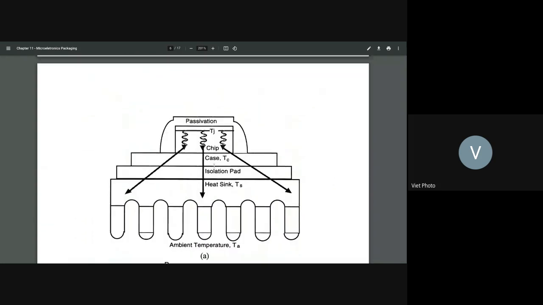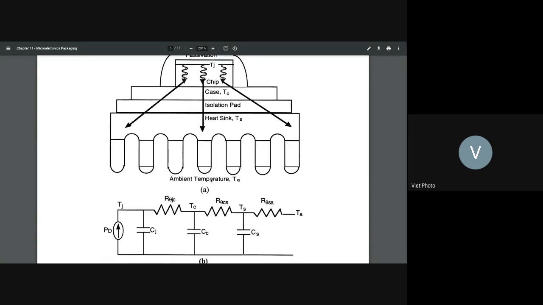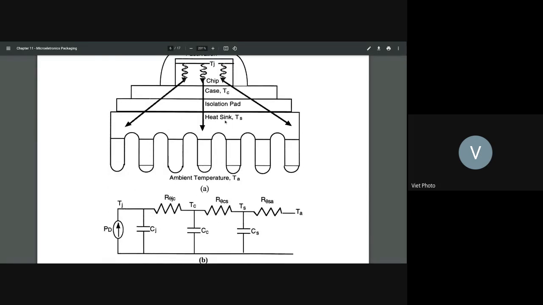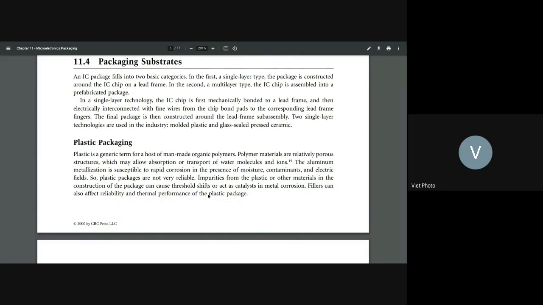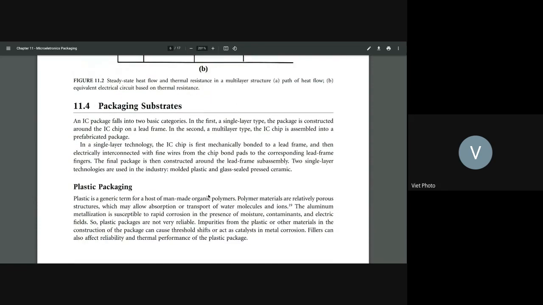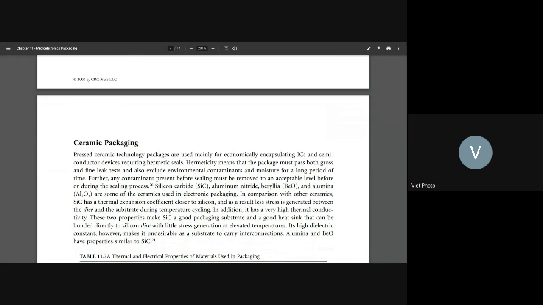Reliability, testability, the package heatsink, the isolation, and then they model the package substrate, plastic package, and ceramic package. You see the chip, whatever is wrapping the circuit inside, that's a package, right?